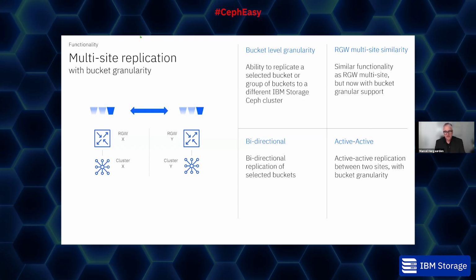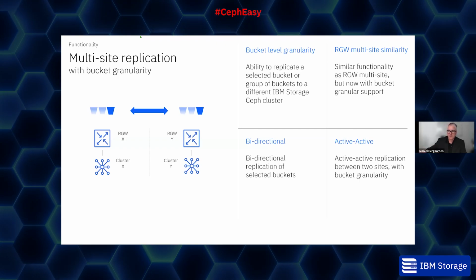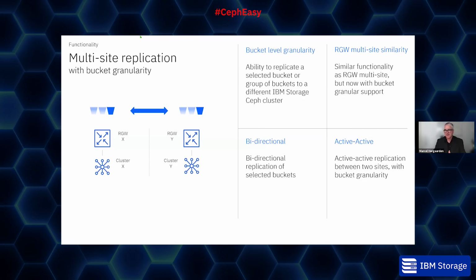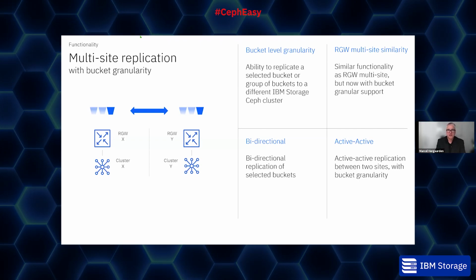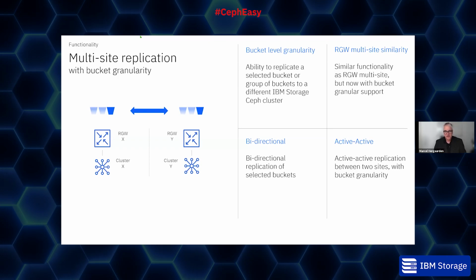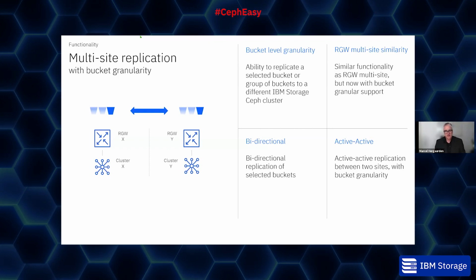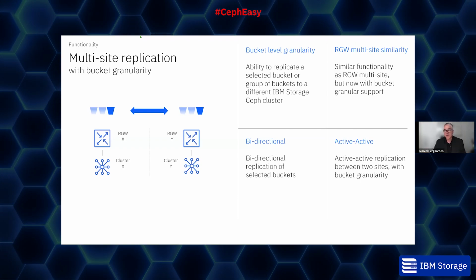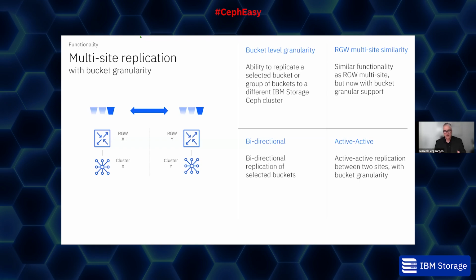And this can be very interesting if you have a branch office or a co-office that only requires access to specific data, and data from that location needs to be replicated back to the headquarters, for instance. But you could also imagine an edge location where you don't need the entire set of data, but only a subset relevant for that location. I always take the example of a big supermarket chain.